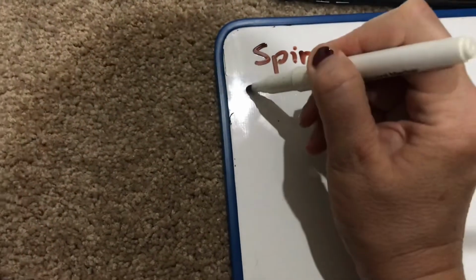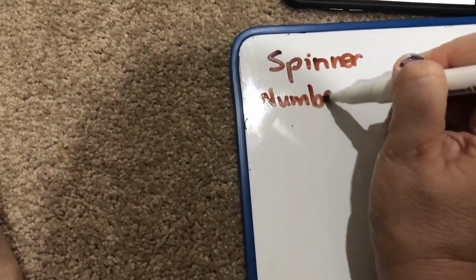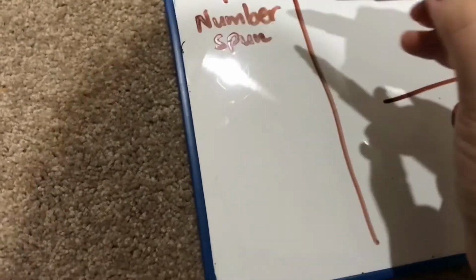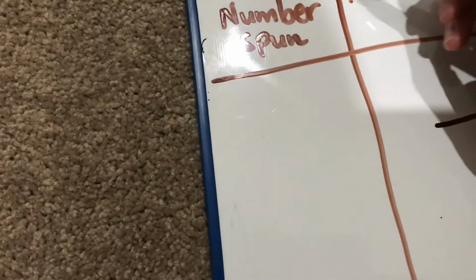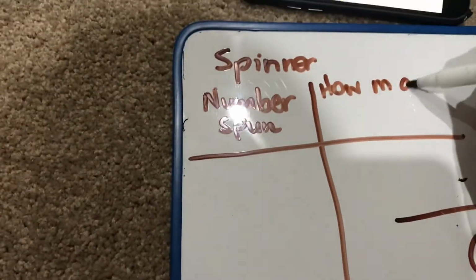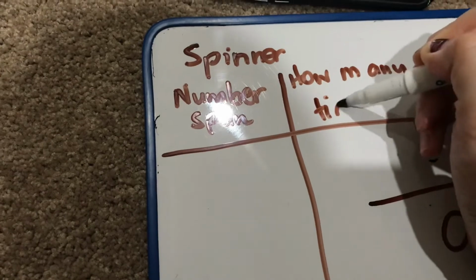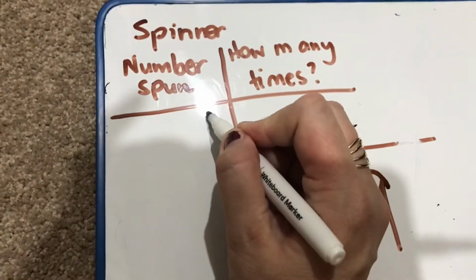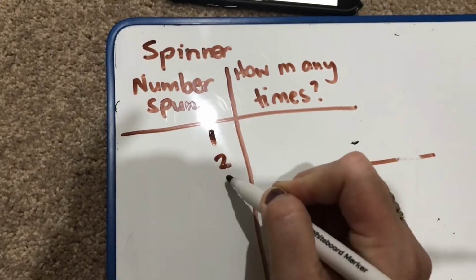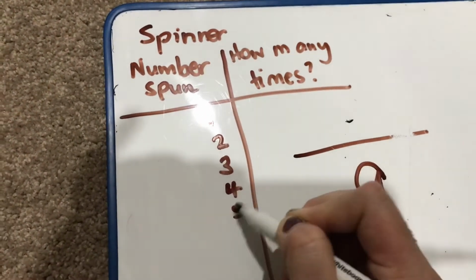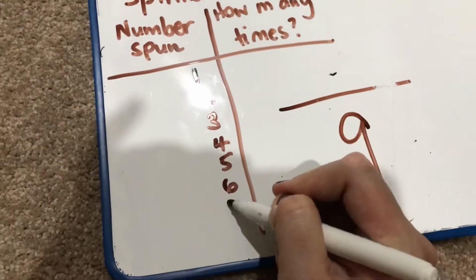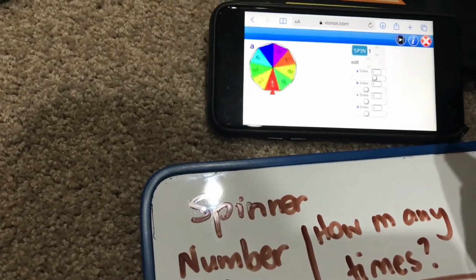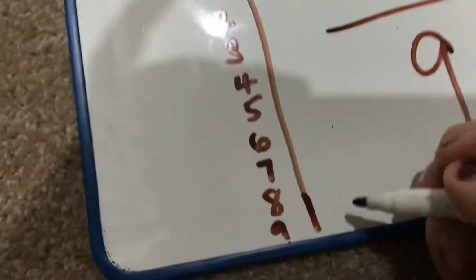Spinner, the number spun, how many times. Okay, so there's a possible 9. 1, 2, 3, 4, 5, 6, 7, 8, 9. Okay, the number 8.